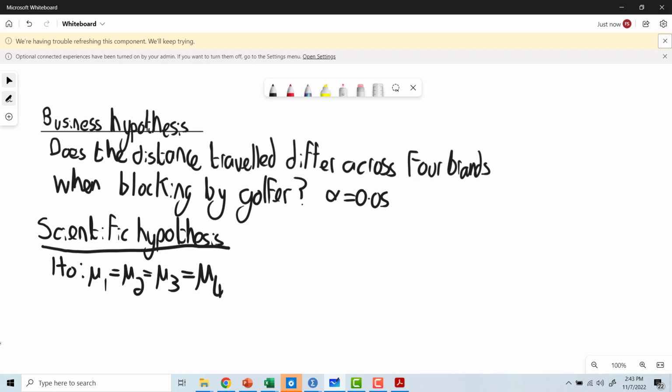Basically, the null hypothesis is that all the means are equal. And the alternative hypothesis, the mean distances differ for at least 2 brands.